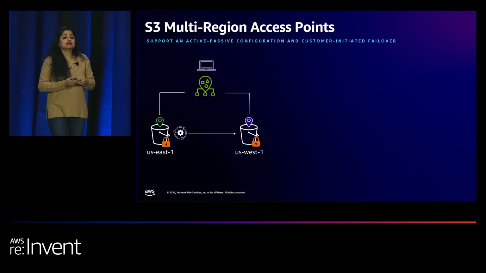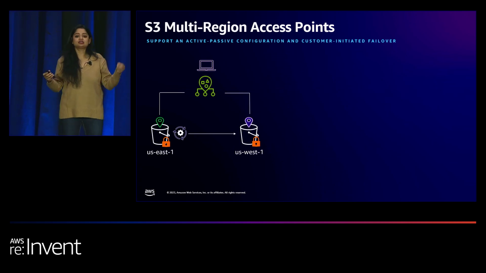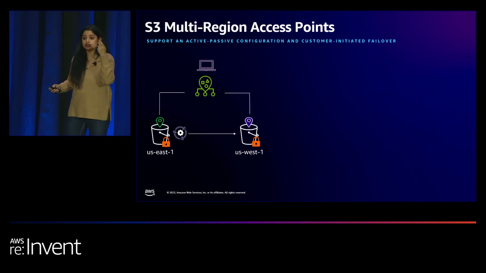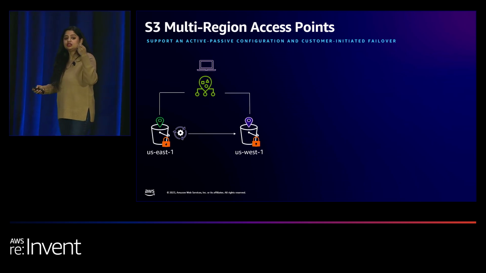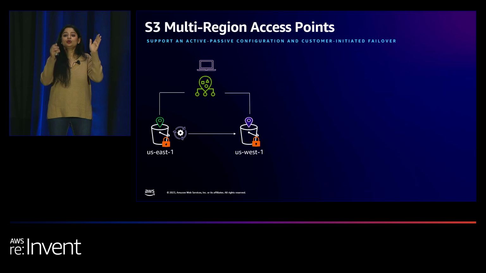S3 multi-region access point is a new type of global endpoint that sits in front of multiple S3 buckets in different AWS regions. This global endpoint is not associated with a particular AWS region, but with a single global host name that can be used to access any of these underlying buckets.